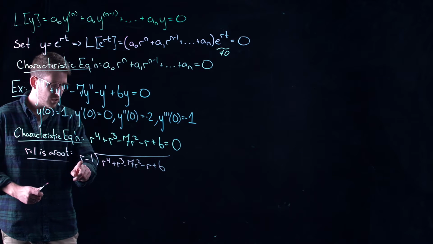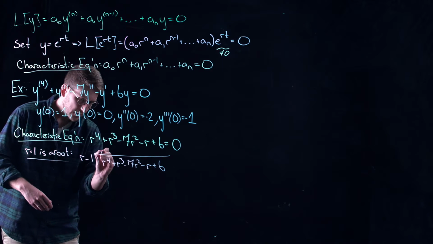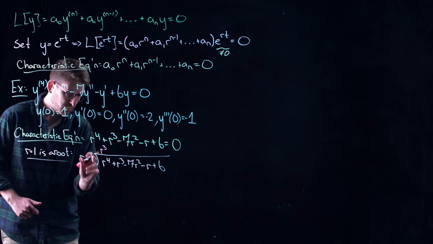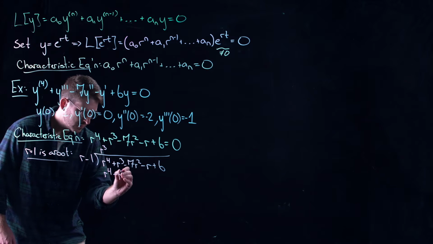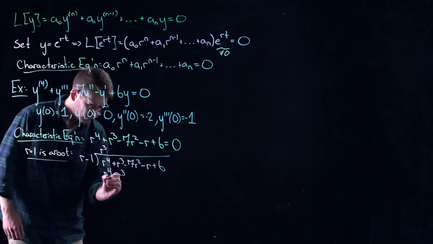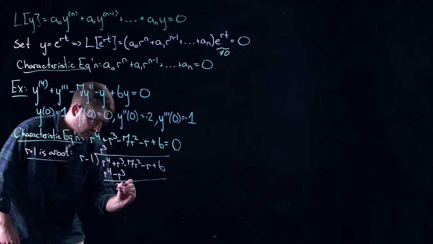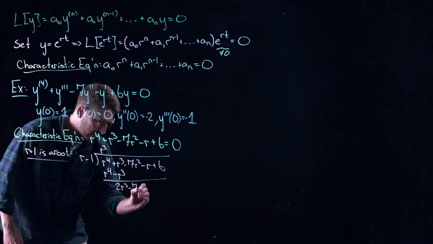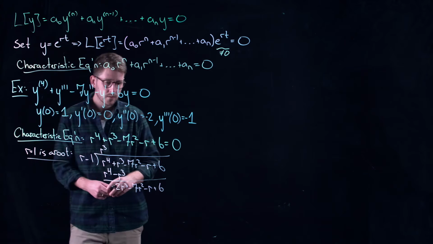Now, what do I need to multiply r by to get r to the 4? That is an r cubed. So then multiplying this whole thing by r cubed, r to the 4 minus r cubed. Subtract these two things, I get 2r cubed minus 7r squared minus r plus 6.